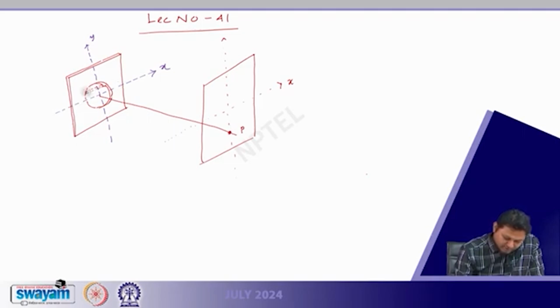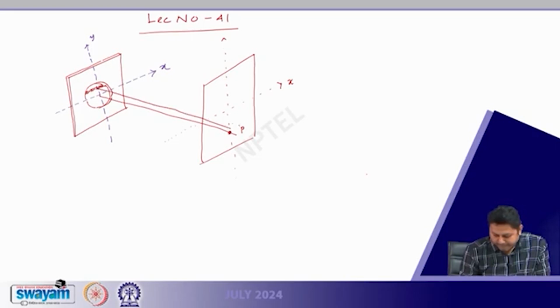I shade this section and then I draw a line from this section to the point P. So this is the point P where two rays are coming, and if I draw a perpendicular here, from over here, this is y, this is dy, a small section.